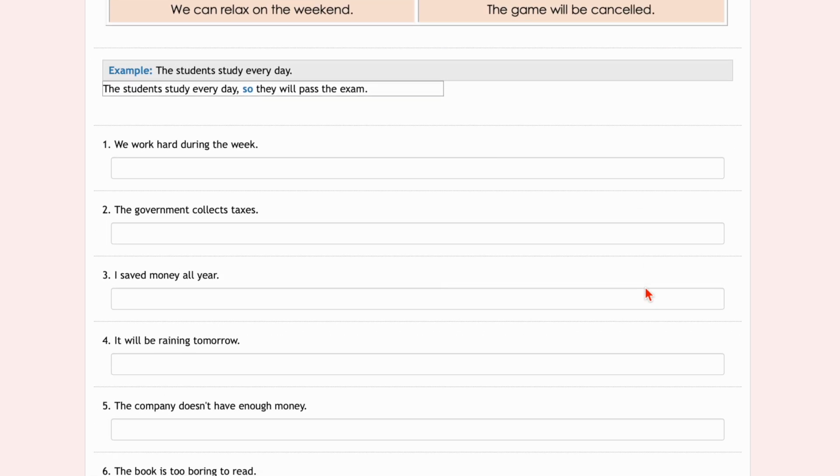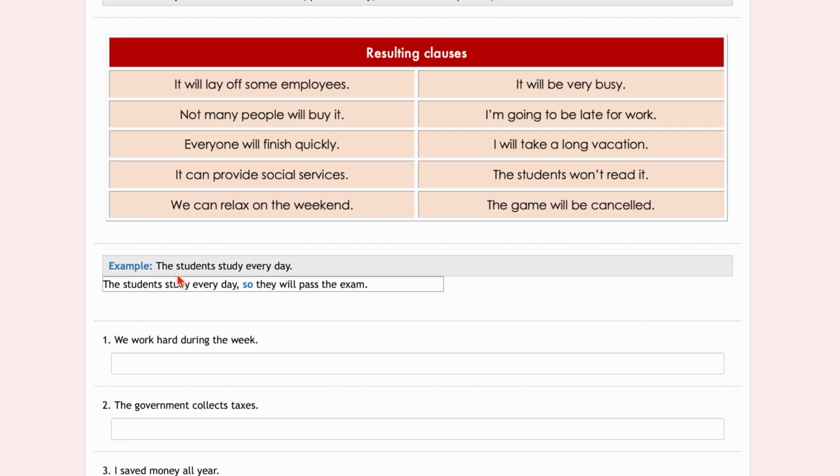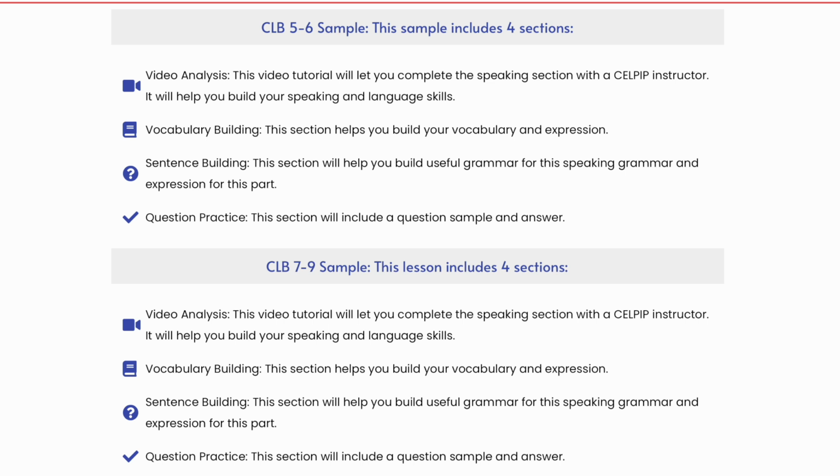And then this great exercise for you to write the sentence. The students study every day, so they will pass the exam. Great exercise for building sentences and writing for lower levels, okay? Great, now let's get started with today's analysis.